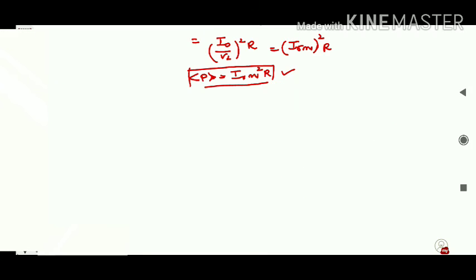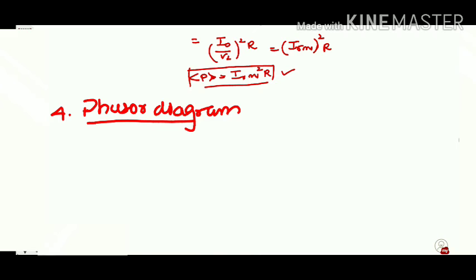After finishing our derivation of average power for a purely resistive circuit, now we are going for the fourth topic, which is the phasor diagram. See, this is a new section, guys. You would have never heard or seen it. Every VI relationship, that is voltage-current relationship, can be depicted in a pictorial way.